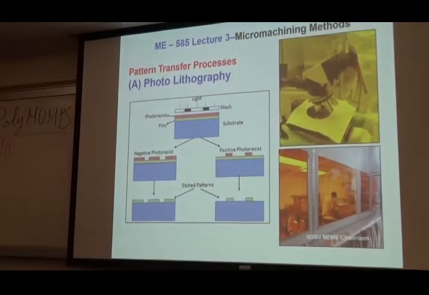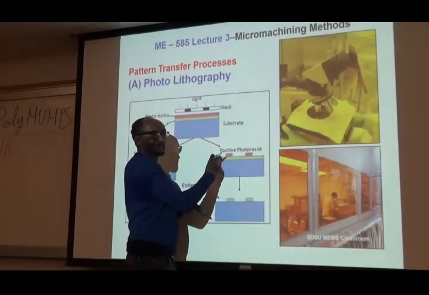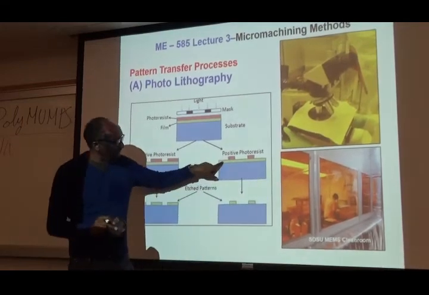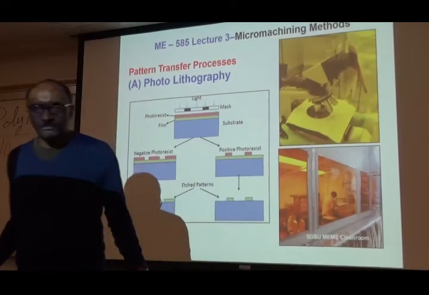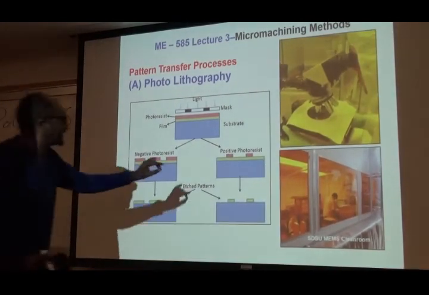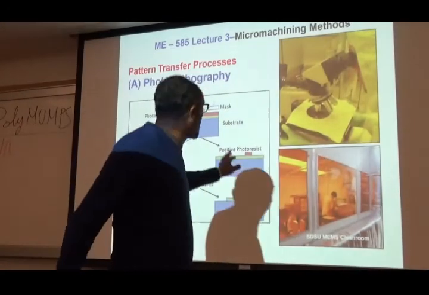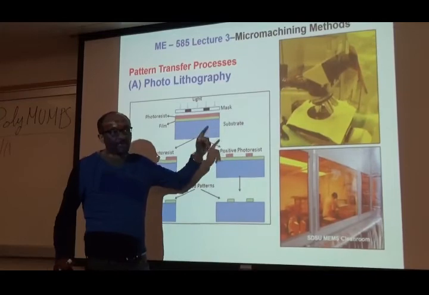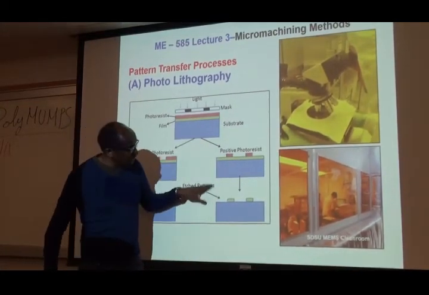Now, this is where the mission is. Whatever I want to do, I can do at this point, because this opened it for me. It opened this thin film for any kind of operation. But over here and over here, it's protected. Nothing is going to happen. You're going to deposit metal and all that later on, but once I put in a chemical called stripper, it's going to strip it away.